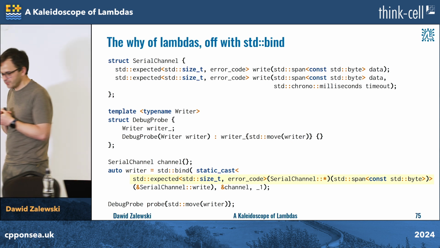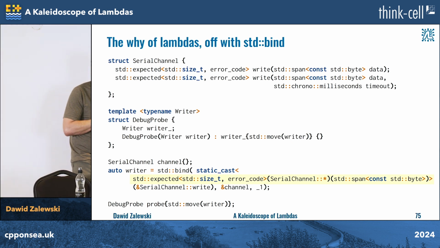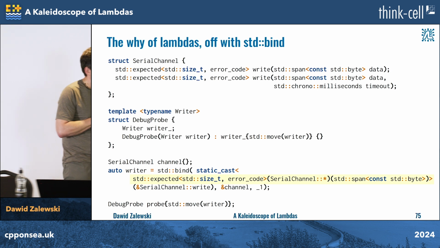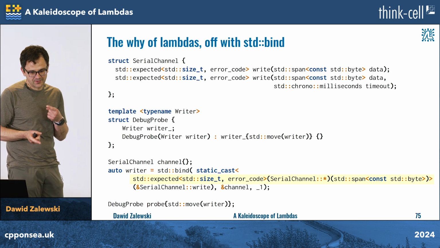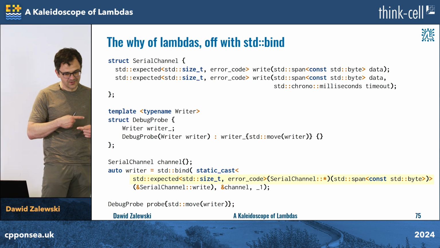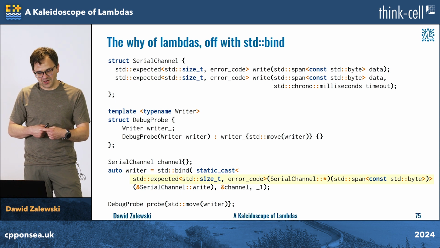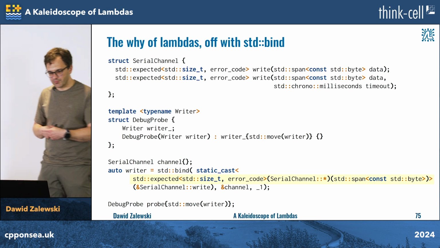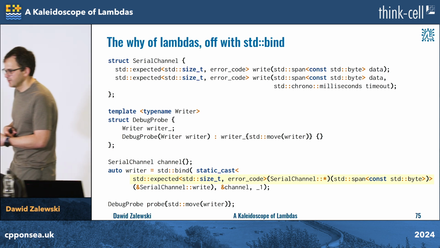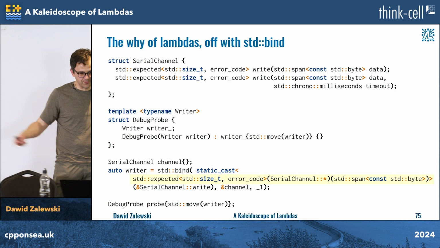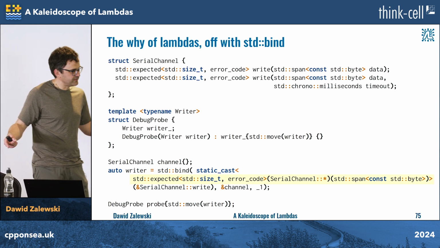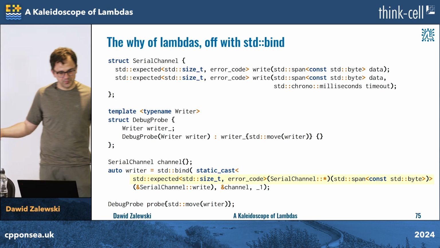Because the overload resolution cannot really decide which write you want to bind. So which of those two write functions I want to bind, you have to specify it manually. And you specify it manually by casting the write function. So you have to cast it to the full type of it. This is beyond ugly and beyond long, right?